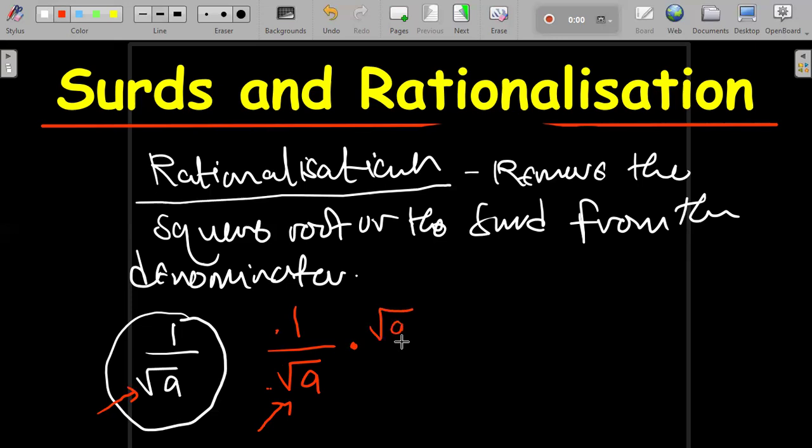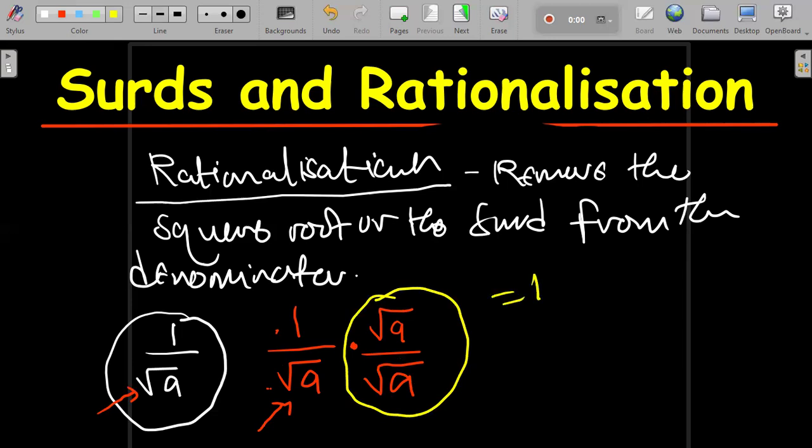You can see that what we have here is a special one, because root of a divided by itself gives you 1. We're not changing anything, we're just multiplying by 1, but we are writing that 1 in a special way.